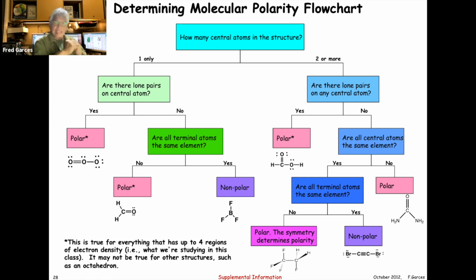It doesn't act like a magnet. When you have a magnet, you have North Pole and South Pole. It's called polar. When you have a molecule that's polar, it means one side of the chemical has more electron density than the other. It acts like a magnet because one side's partially negative, the other side's partially positive.